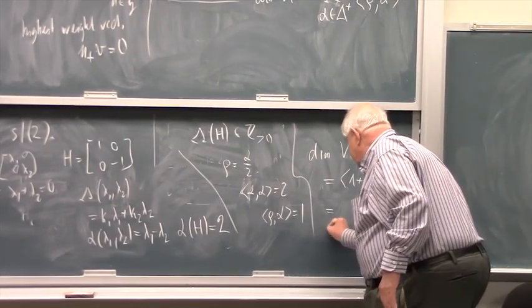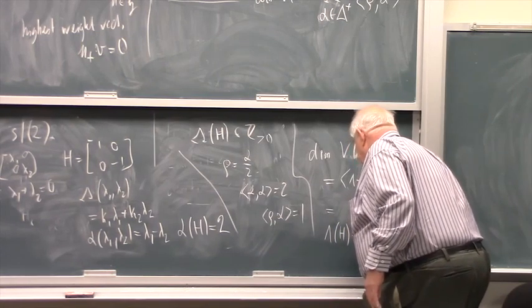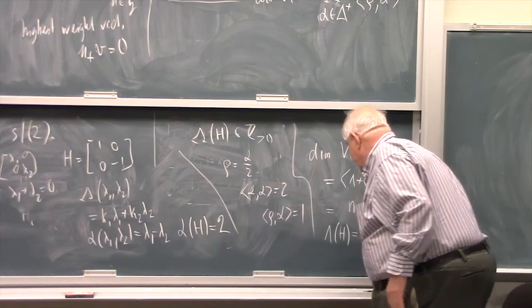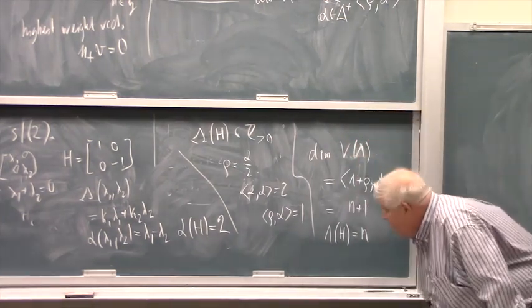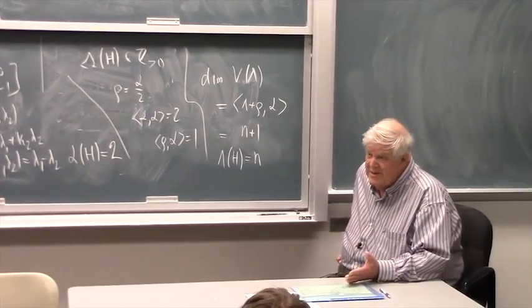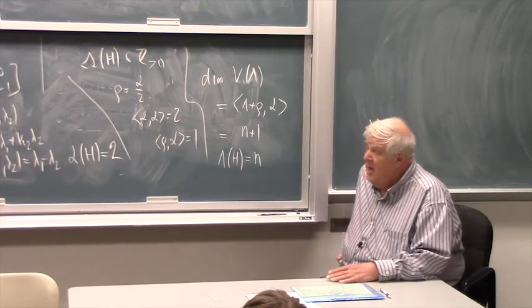If lambda of h is n, this will be n plus 1. We are familiar with this formula, so in this case the formula gives us what we know without any computation.